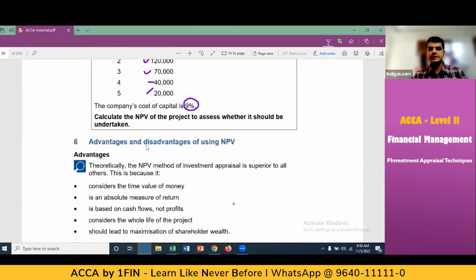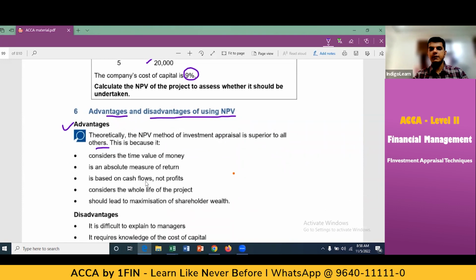So we'll proceed with the advantages and disadvantages of using NPV. So the advantage is, theoretically, the NPV method of investment appraisal is superior to all others. Why? Because it considers the time value of money.